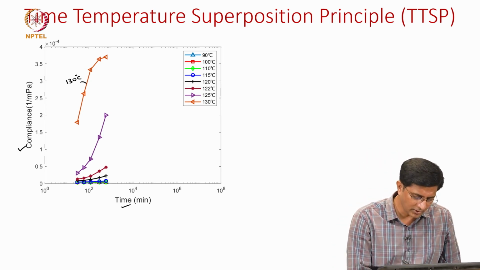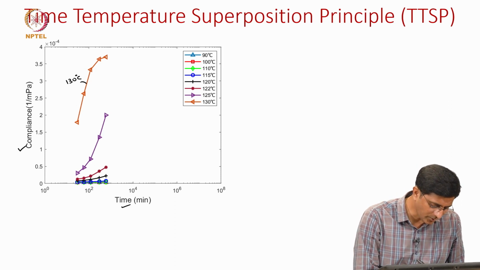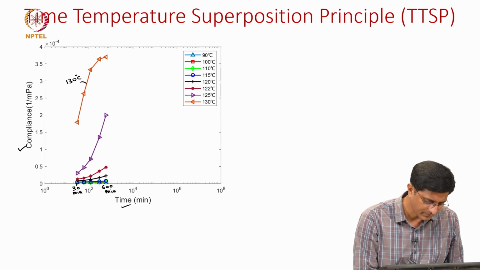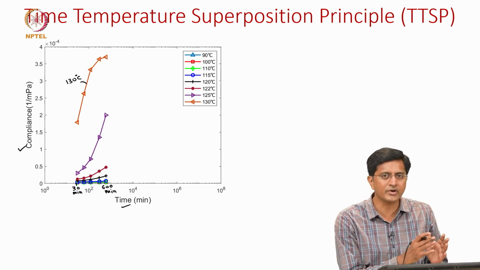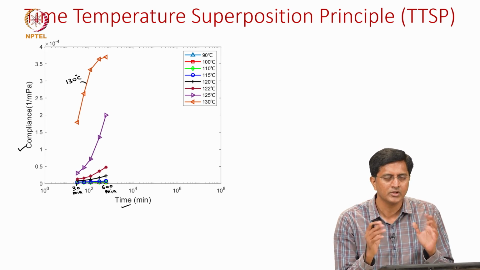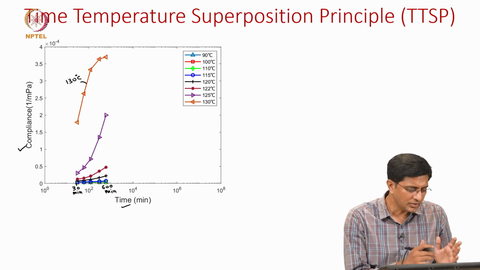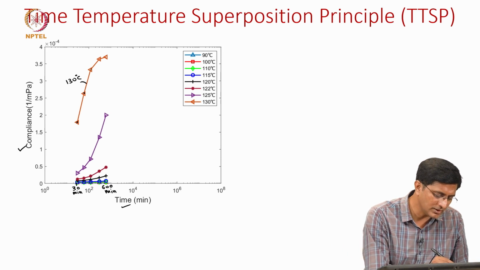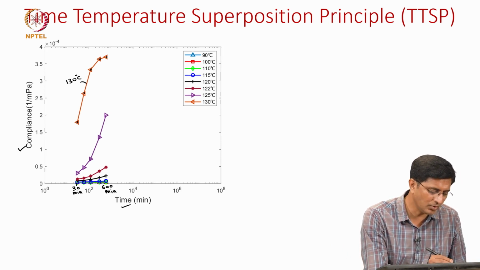Here the units are minutes, and the minimum value we have seen is 30 minutes, and the maximum value for which we are conducting this test is 600 minutes. So, from half an hour to 10 hours, within a day. These are the different values of compliance you got when you tested at a high temperature of 130.